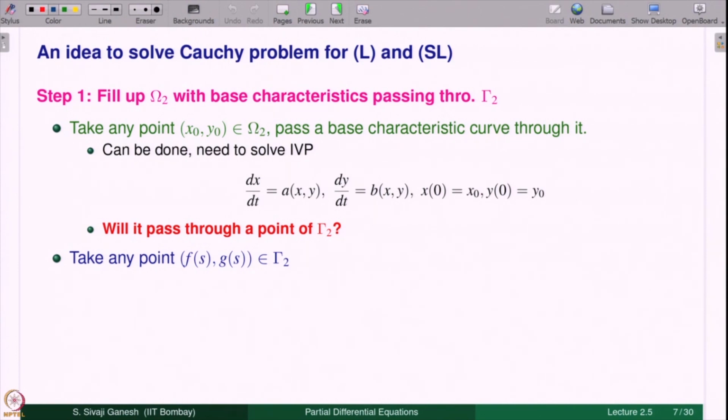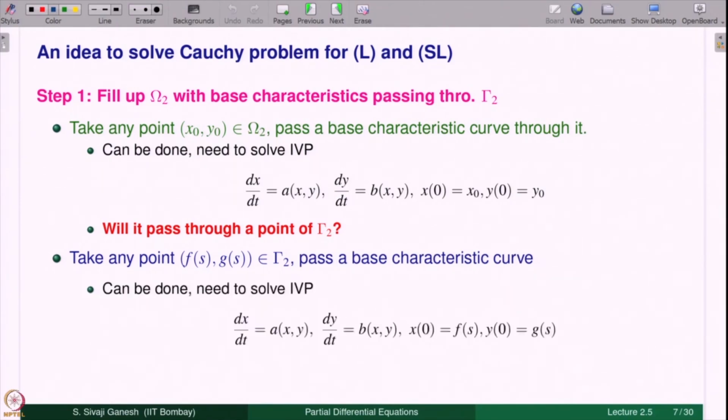On the other hand, we can do one more thing: take any point on gamma 2, and then pass a base characteristic curve through that. It can be done, exactly the same procedure. You need to solve this initial value problem where (x0, y0) is replaced by (f(s), g(s)). Now, the question is, can we fill omega 2 with such curves by varying points on gamma 2? So, these are the two different points of view.